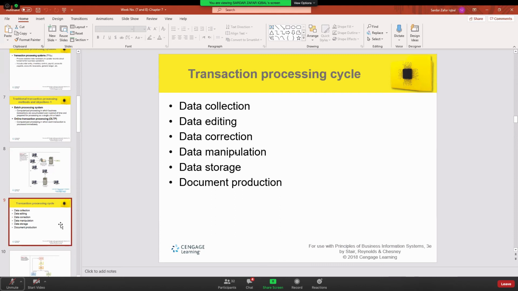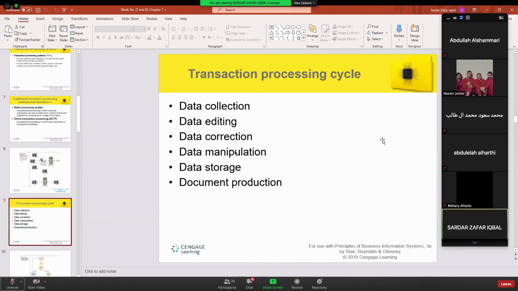Starting from data collection, you need to collect the data, then data editing, you need to clean the data, data correction if there is something wrong, data manipulation, you want to generate something like analysis, graphs, or you want to play with your data, and then you will store the data, and in the end, you will produce some reports or documents. So these are the generic steps.